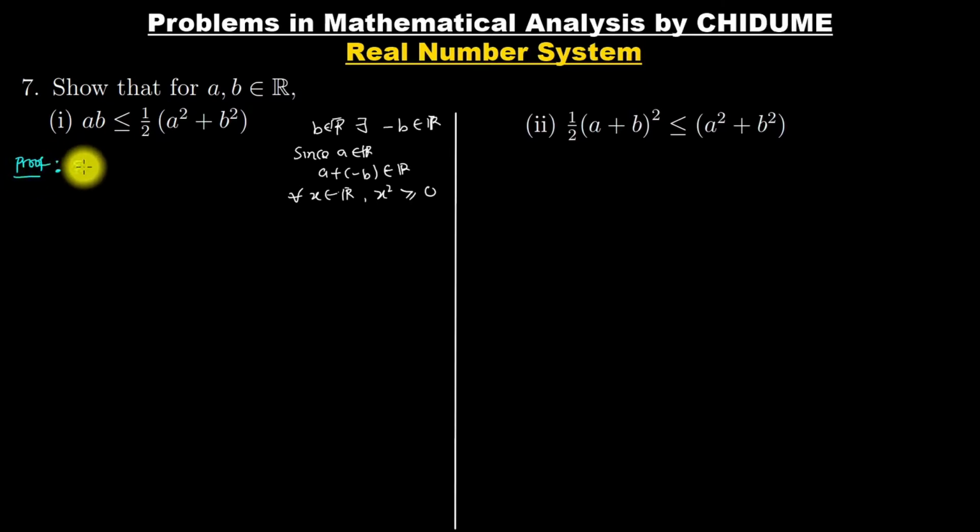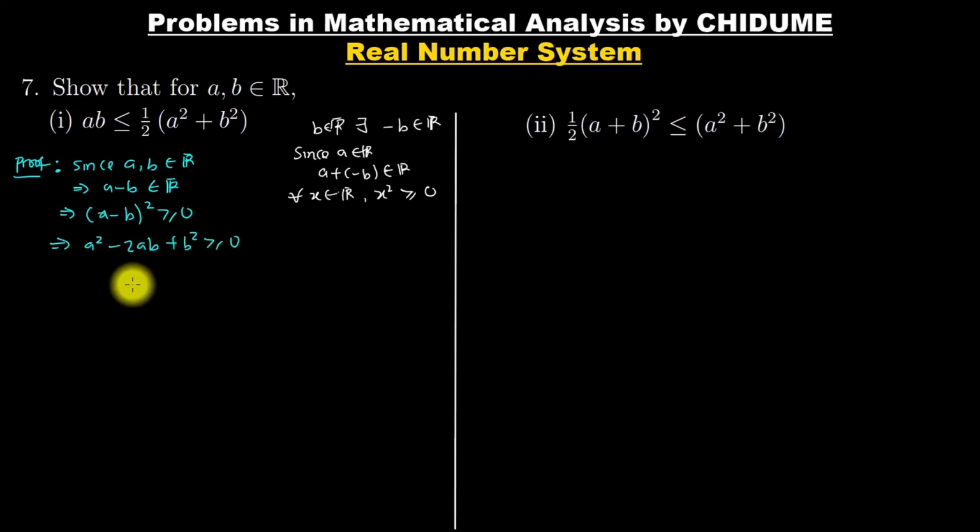Having known that, let's now try to construct the proof. Since a and b belong to R, a minus b must also belong to R. And if I square a minus b, then a minus b all square must always be greater than or equal to 0. If I expand this, I'm going to have a square minus 2ab plus b square is greater than or equal to 0.